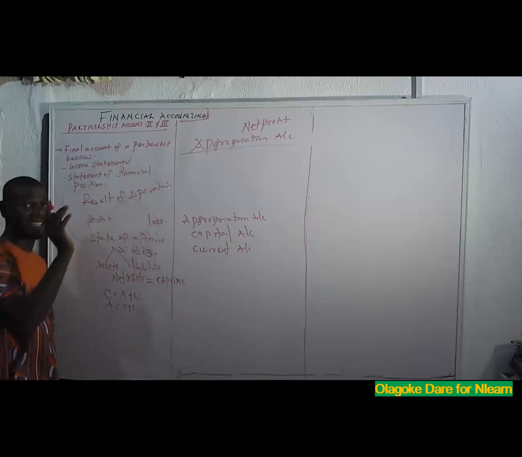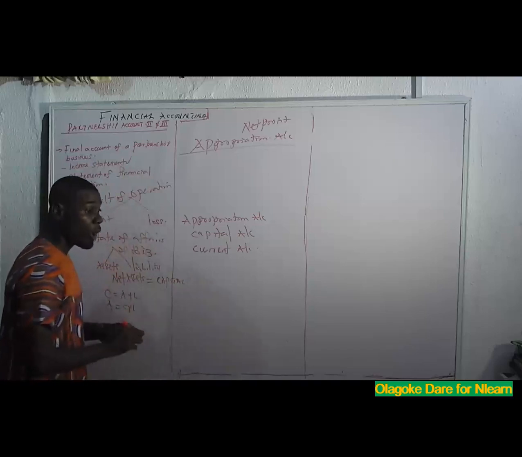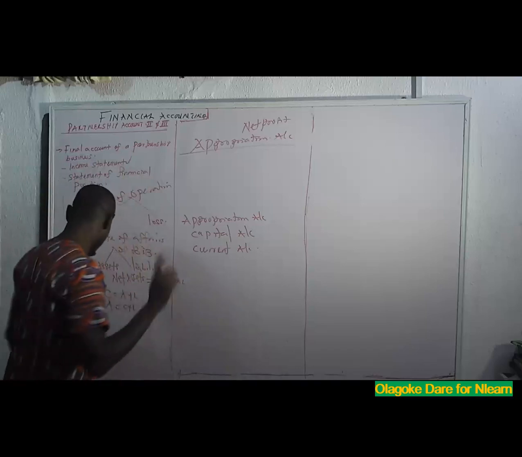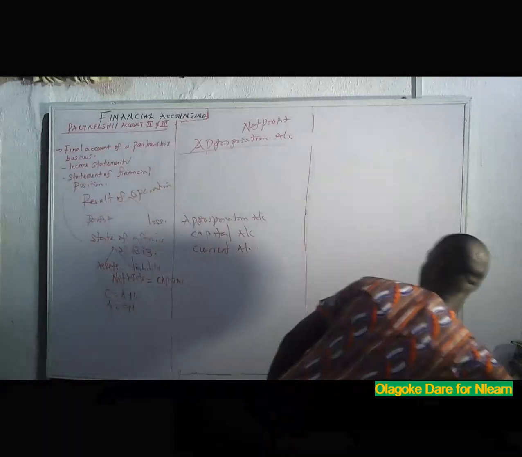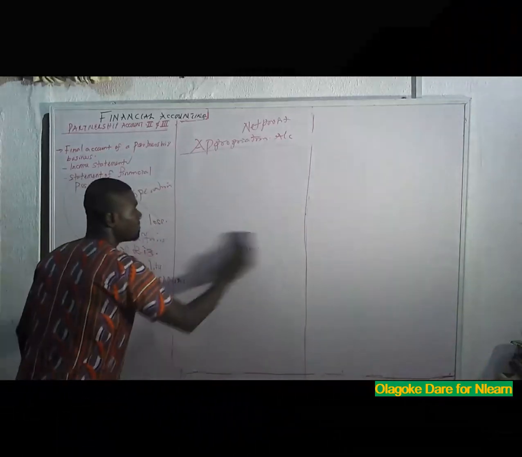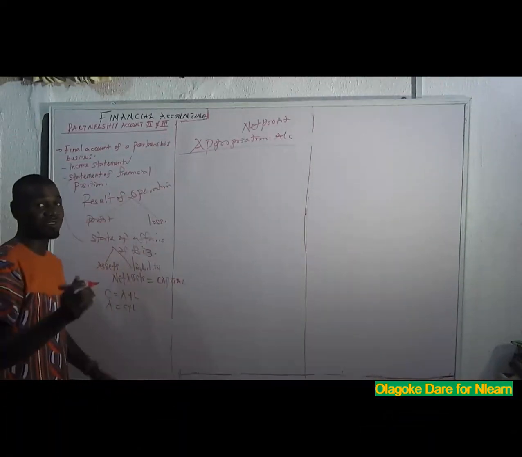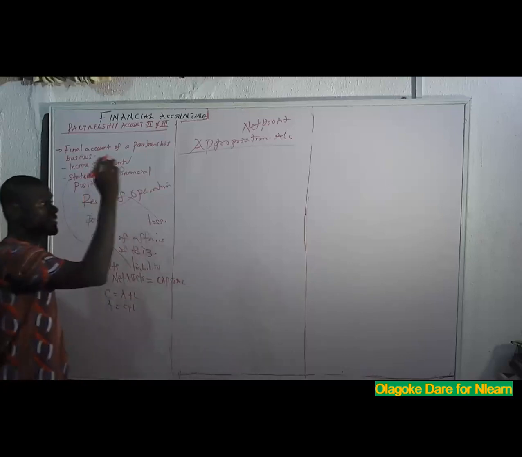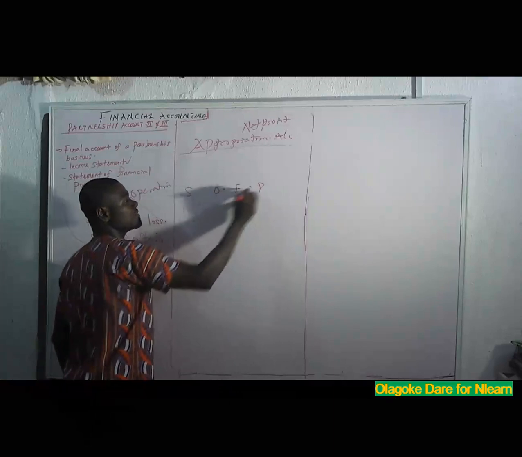The statement of financial position is almost the same, but not totally the same as that of a sole trader. The difference between the statement of financial position of a sole trader and that of a partnership is on the board. Statement of financial position.